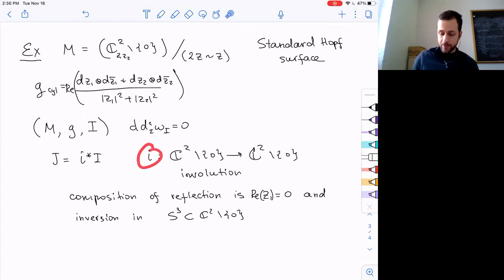So this map from this space to itself actually preserves orientation because it's a composition of two reflections.